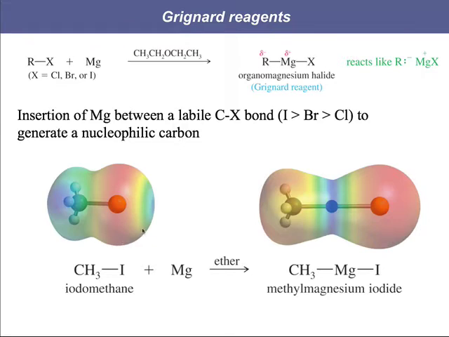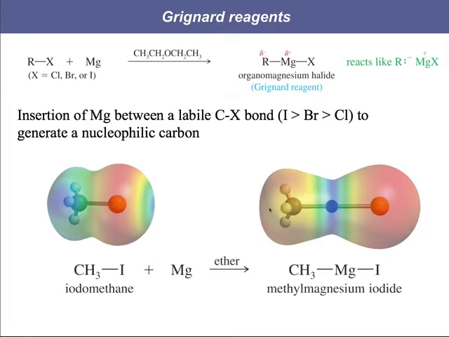So, for example, if we have methyl iodide, or iodomethane, here's our polar carbon-iodine bond. We react it with magnesium in ether. The magnesium inserts itself between the carbon and the iodine, and you see that it reverses the polarity. Here, the iodine is negative and the carbon is positive. Here, when it inserts the magnesium, well, the I is always going to be negative, but now the carbon is being negative.